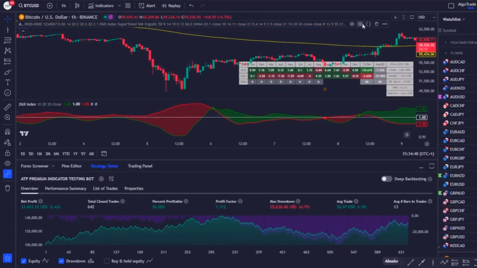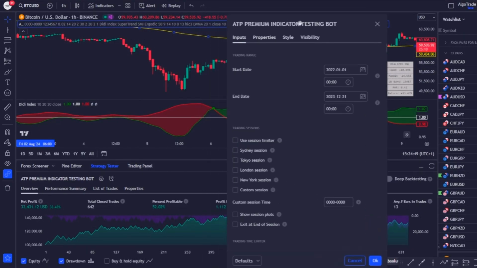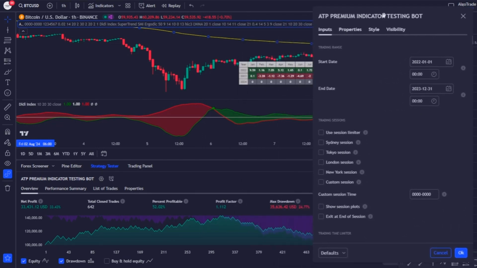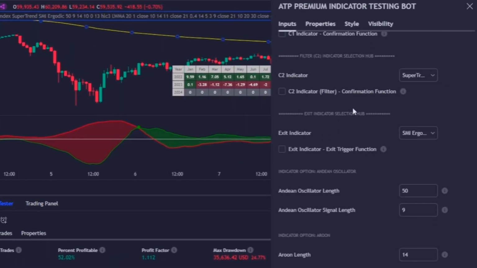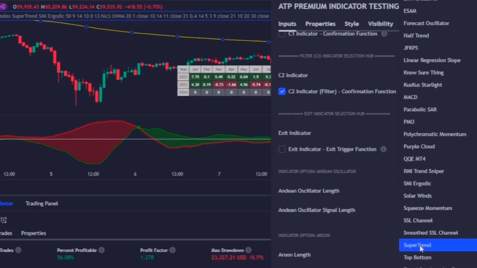Now, just to give you a real example of how a filter indicator can make a big difference in this strategy, going to my indicators testing bot one more time, I can check this option here to use a filter indicator. And for this example, I will select the super trend.